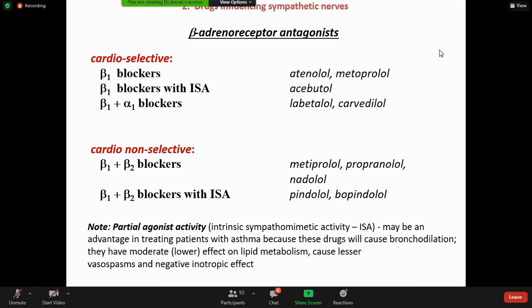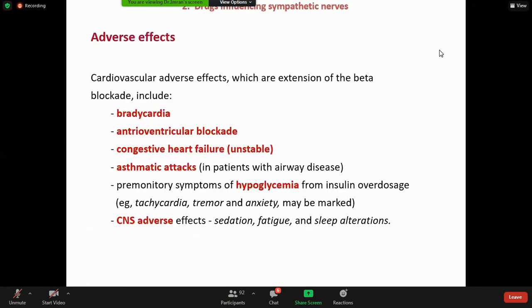They have a moderate effect on lipid metabolism and cause lesser vasospasm and negative inotropic effect, right? So basically these drugs can avoid that reflex activity.